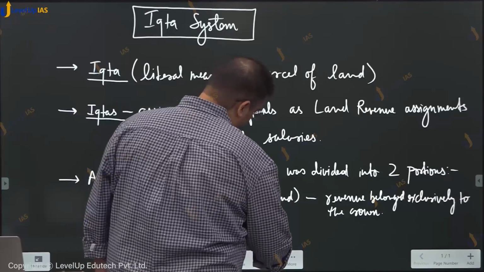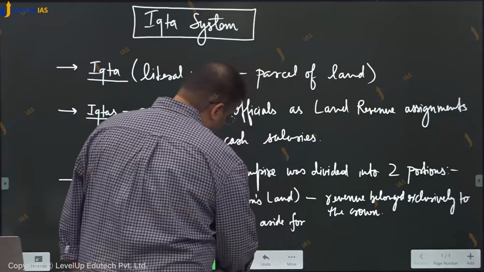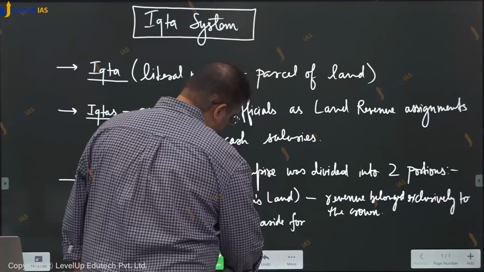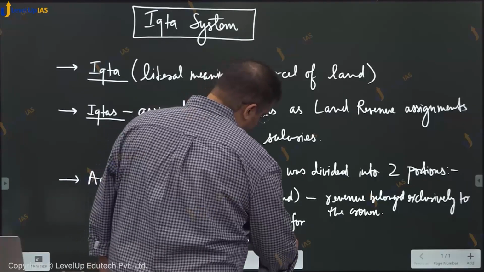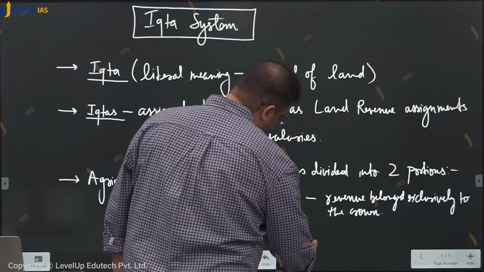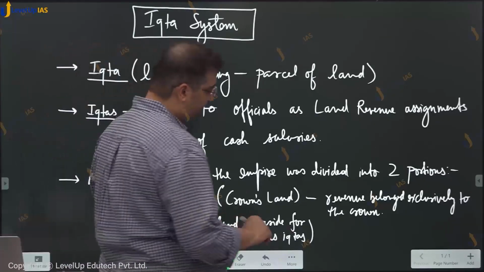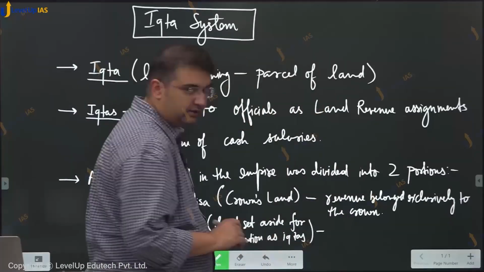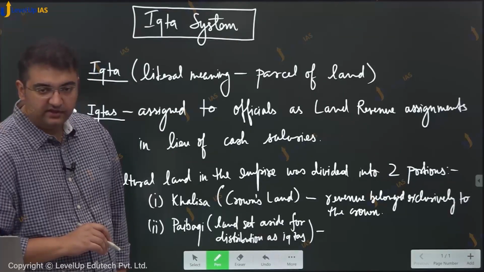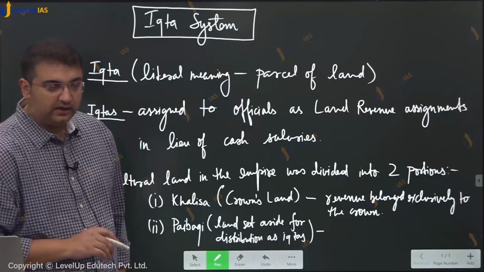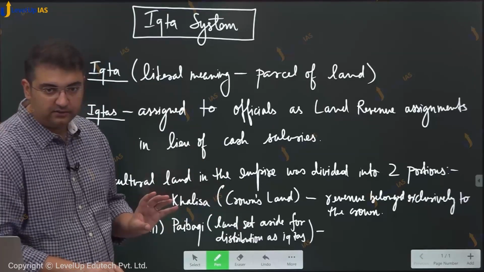Baibaki land was the land that was set aside for distribution as iqtas amongst the officials and the nobles. And from here, revenue, is it going to belong to the crown exclusively? Is all the revenue going to belong to the crown या फिर revenue का division होगा यहाँ पर?